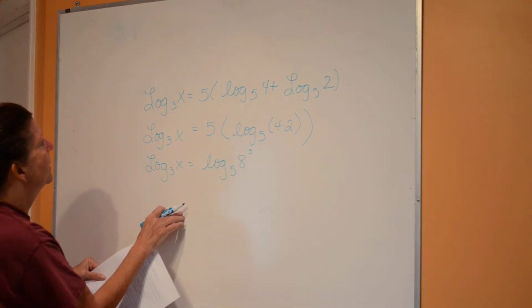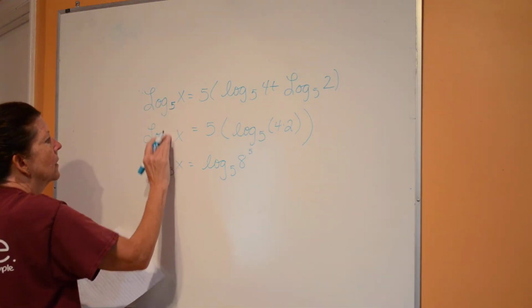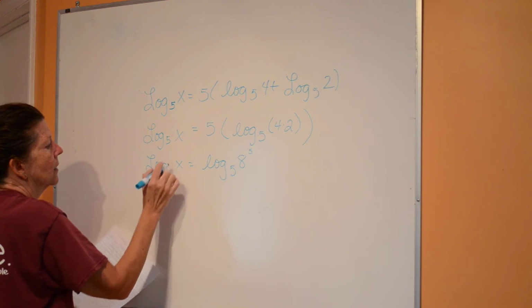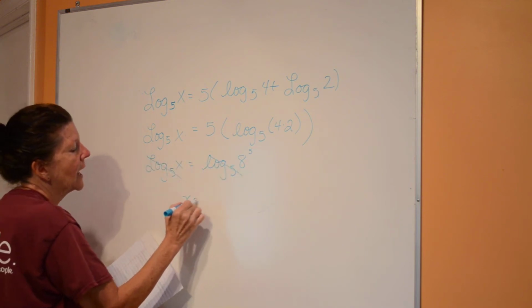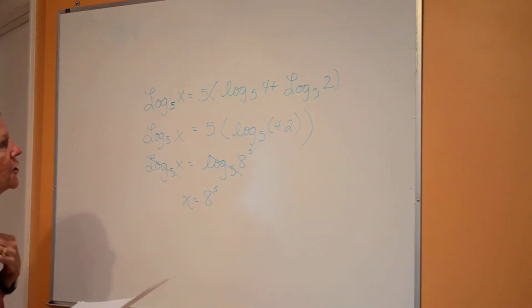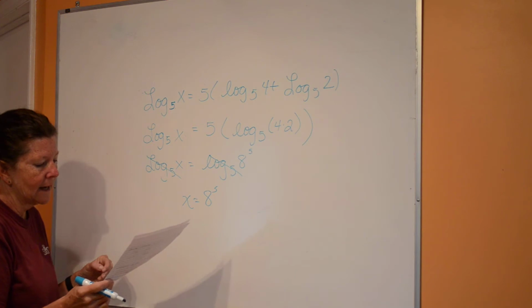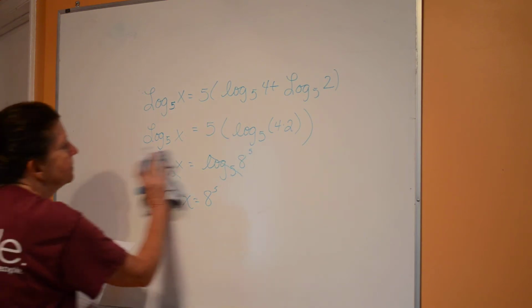Notice, well, somehow I changed that. This one should have been a 5. Your logs match up, so it's like dividing by the log, and you get x is equal to 8 to the 5th power. If you wanted to, you could do that out on the calculator to get an actual value for it. Let's do another one.